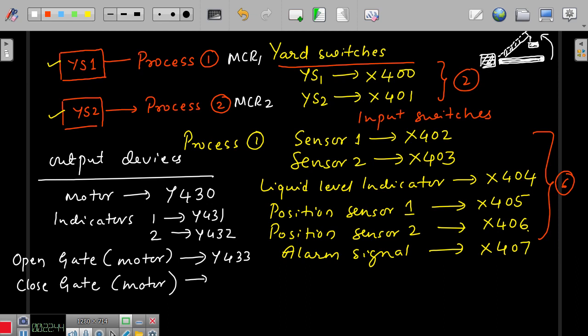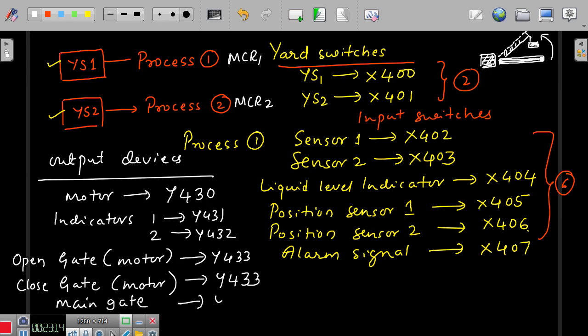The same motor is being used, so therefore I use Y433 only. If you use some other output device, then opening the gate would become difficult, because that will be in the on position only. You will have to turn off the motor. So these are some of the devices, and of course you have got one more, that is the main gate.